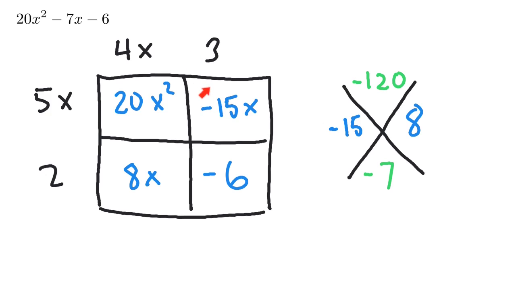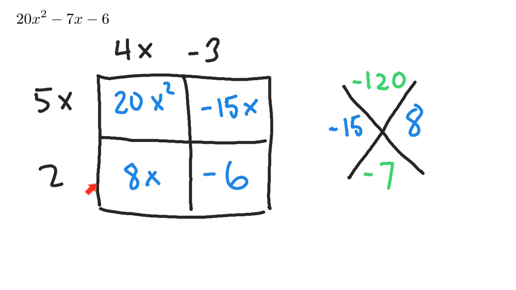Okay, so if the box next to the edge, closest to the edge where you took out the GCF, is negative, like this box in the upper right-hand corner, if it has a negative term, then the GCF should be negative. So this 3 should actually be a negative 3. Again, the rule for negatives is if the term in the box closest to the edge has a negative term in it, then the GCF is negative.